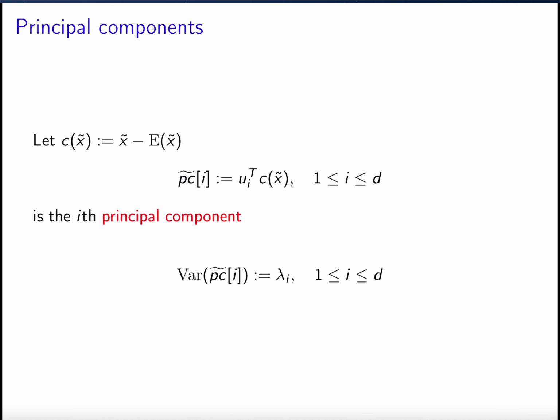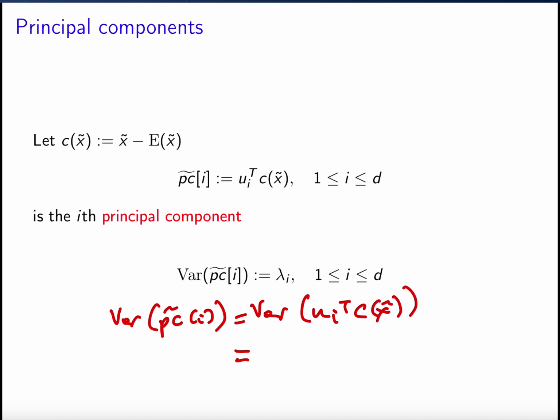Okay, if you want to prove that, basically the variance of the ith principal component is equal to the variance of ui transpose c of x.